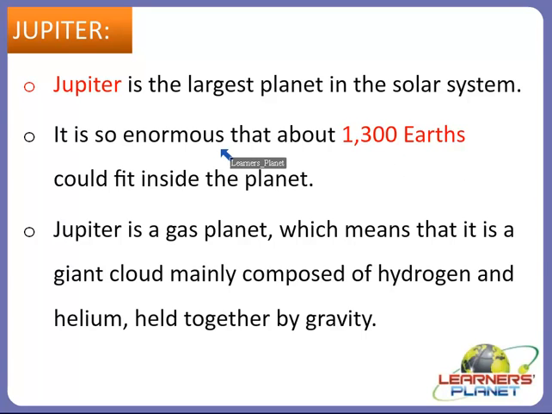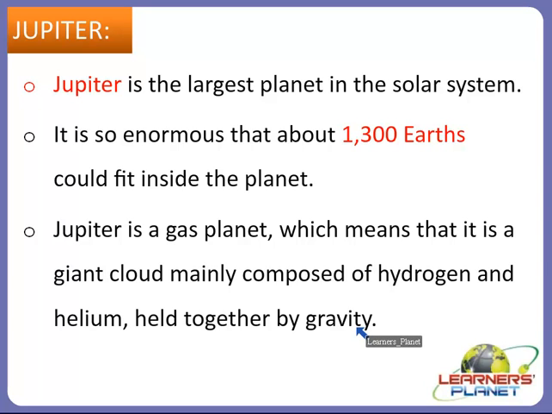So Jupiter is actually a gas planet, which means that it is a gas giant mainly composed of hydrogen and helium gas, which are held together by gravity, right? Try to recall where else we studied about hydrogen and helium. Yes, we studied about these gases which are present on the sun, or rather in the sun, right?